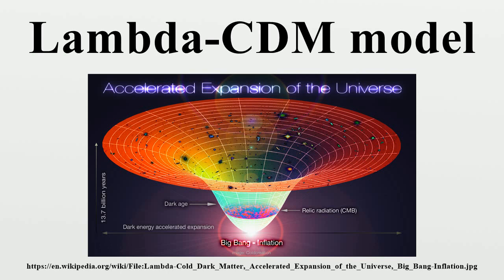It is frequently referred to as the standard model of Big Bang cosmology, because it is the simplest model that provides a reasonably good account of the following properties of the cosmos: the existence and structure of the cosmic microwave background, the large-scale structure and distribution of galaxies, the abundances of hydrogen, helium, and lithium, and the accelerating expansion of the universe observed in the light from distant galaxies and supernovae.